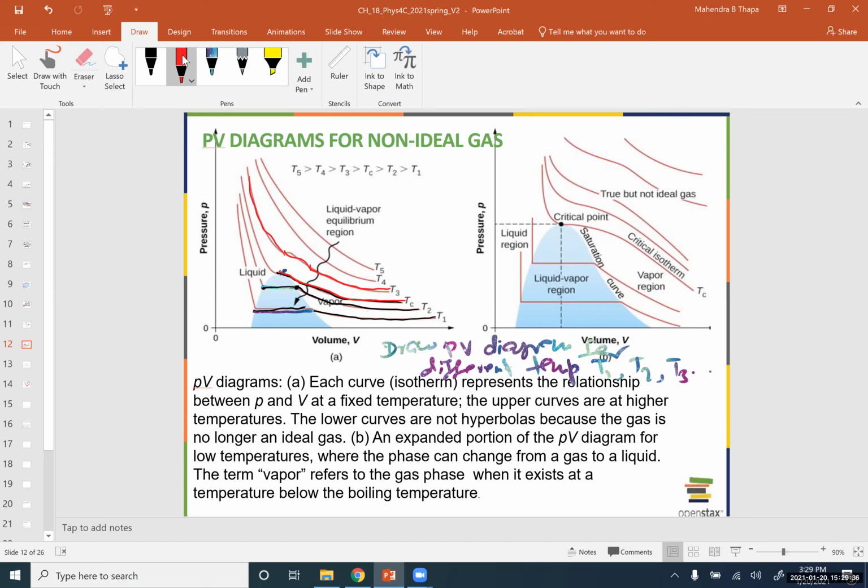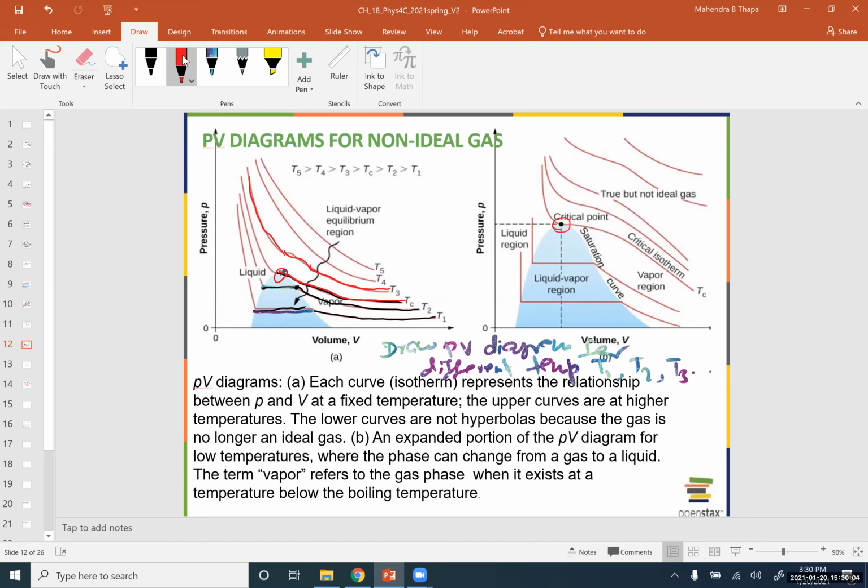One of the interesting points is this: the temperature after which the liquid phase will not exist is called the critical temperature. Critical temperature is one of the important concepts. This means after the critical temperature, you cannot get the liquid phase even though you decrease the volume.